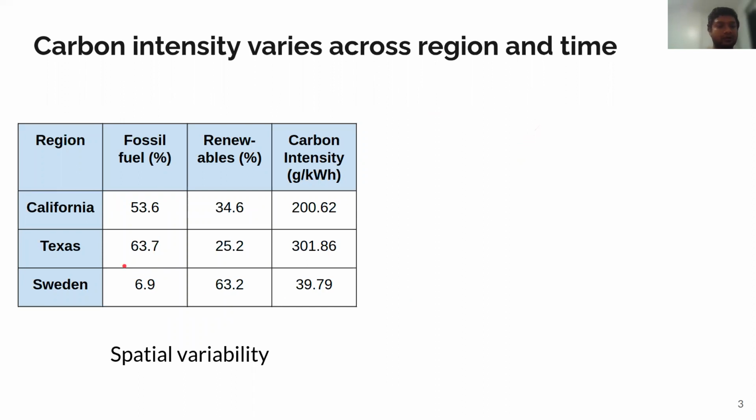If we look on the left, we can see three regions, and Texas has a high dependency on fossil fuels for producing electricity. As a result, its average carbon intensity value is high, whereas Sweden relies heavily on renewables and consequently has a much lower carbon intensity value.